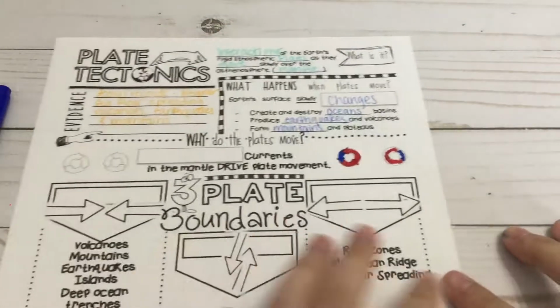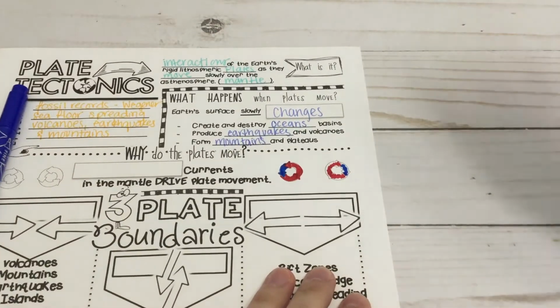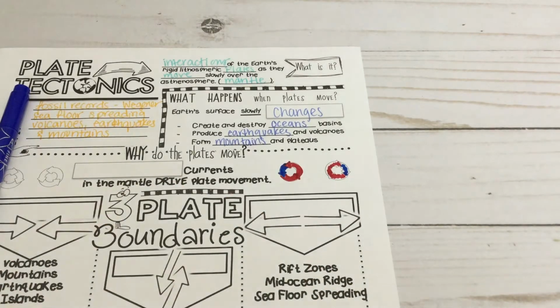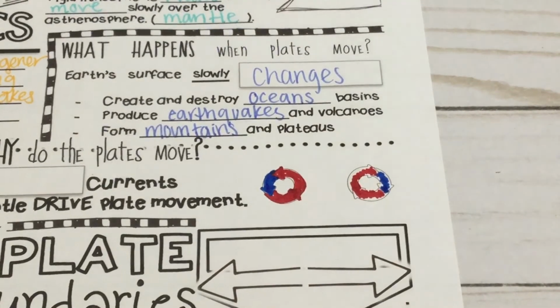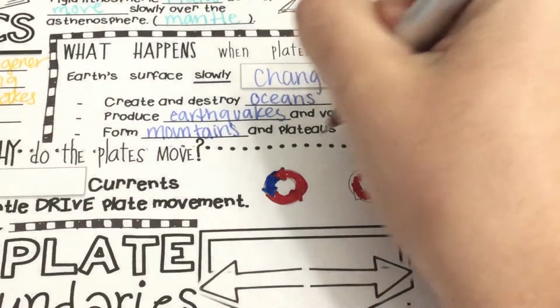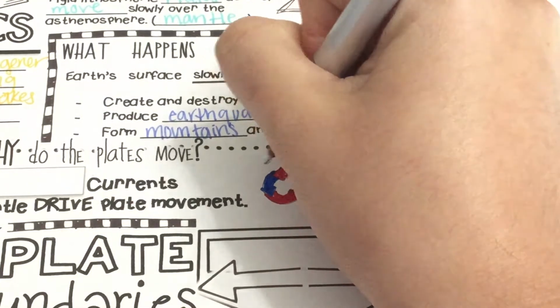Okay, so here we have 2 convection currents. One of them is colored much nicer than the other one. And on top, we have 2 plates.